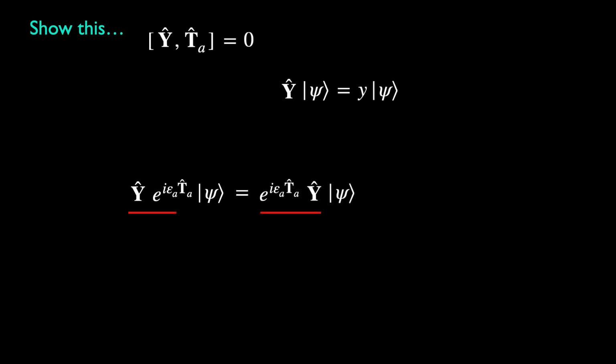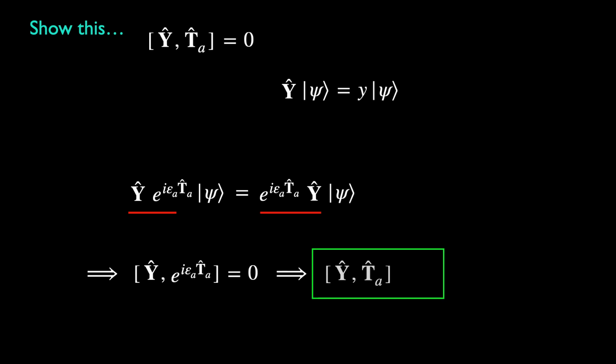This equation implies that the arbitrary isospin transformation commutes with Y, which in turn implies that the hypercharge commutes with all the isospin generators.